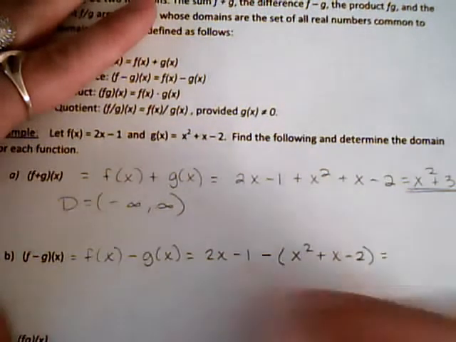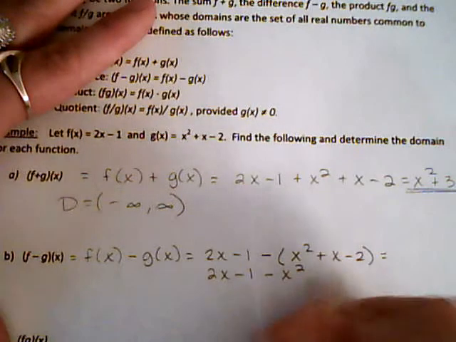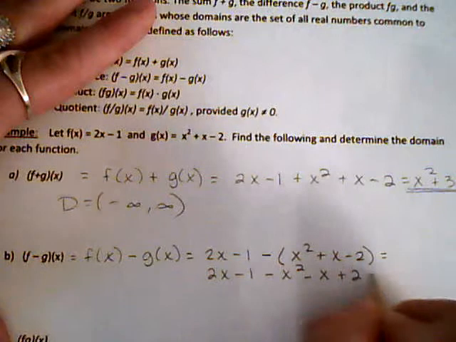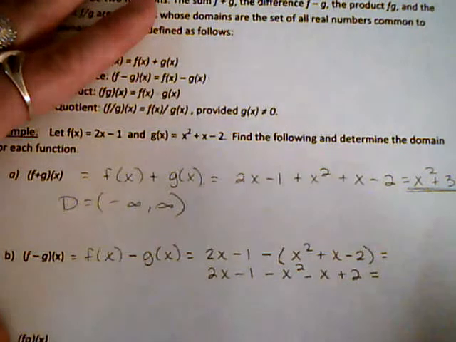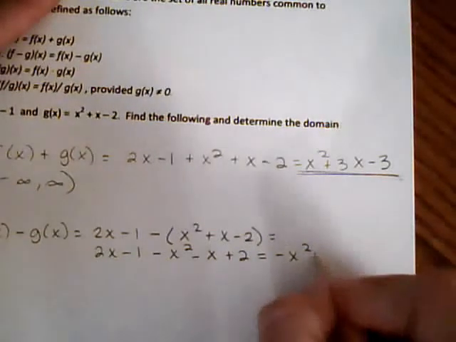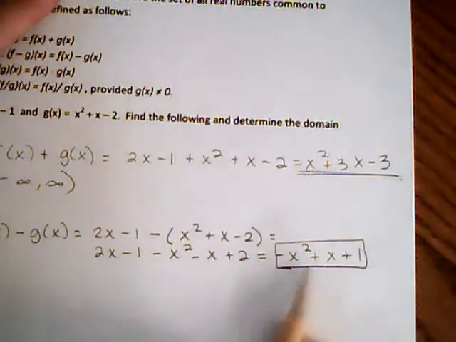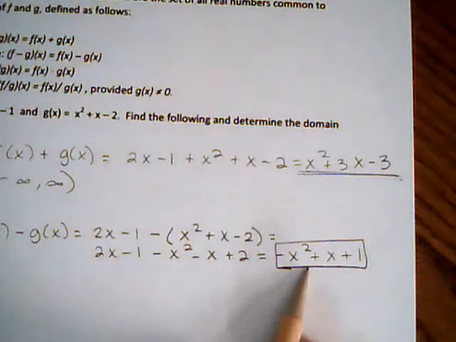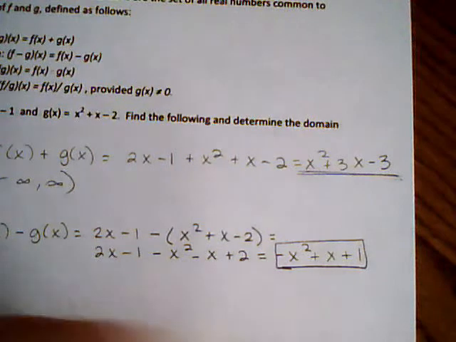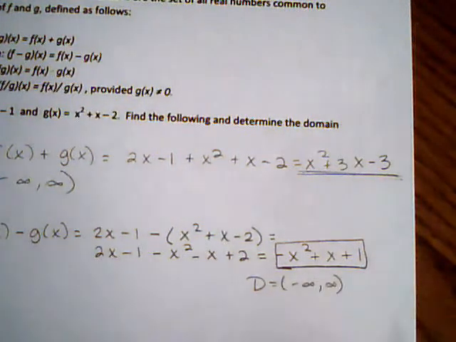So I would have 2x minus 1 minus x squared minus x plus 2. And then combine like terms, which would equal negative x squared plus x plus 1. Okay, so that's the difference of the functions. Again, there's no restriction on your domain. So it's negative infinity to positive infinity.